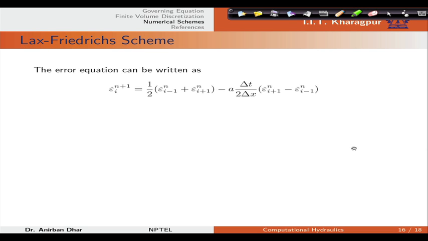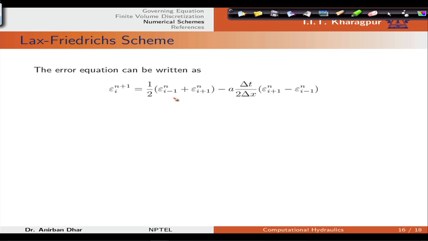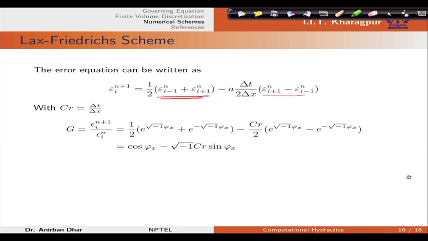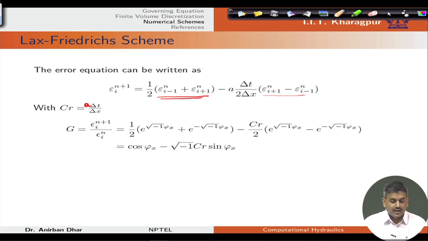So, if we check the stability of this scheme, again this is the averaged value. The CR is defined with A delta t by delta x.